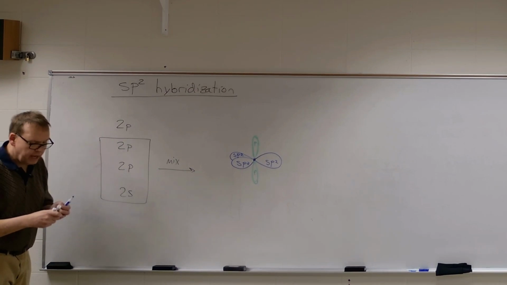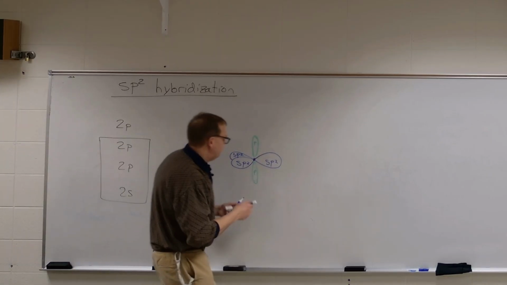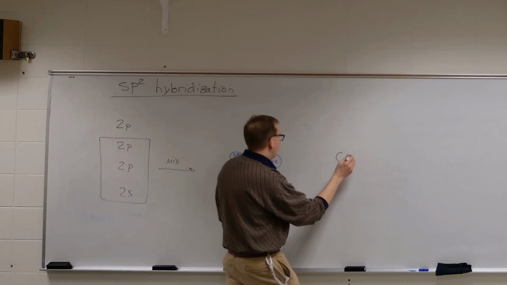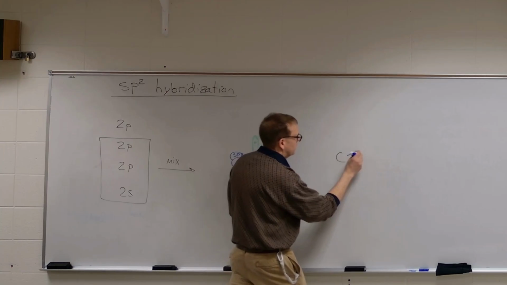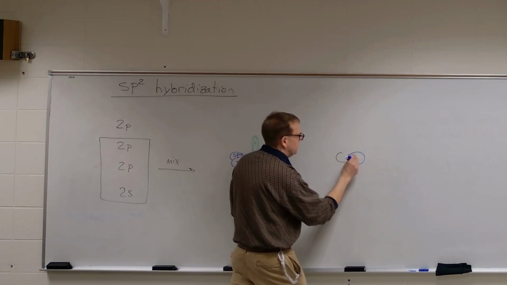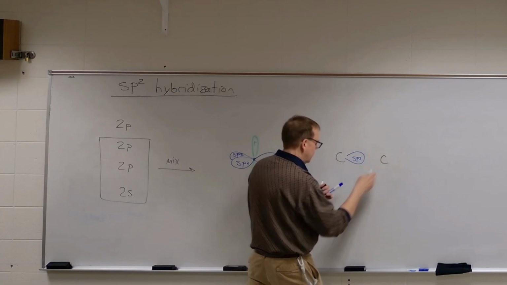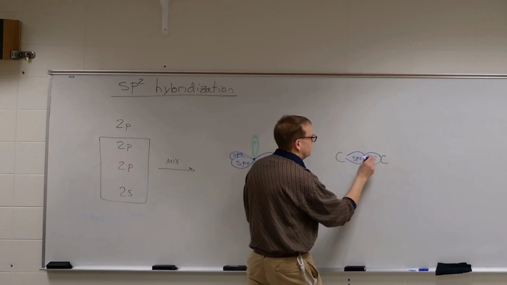And when you have a molecule that's making bonds like this, I'm going to show a carbon bond, sp2, and then next to it I'm going to draw another carbon, and I'm going to show its sp2 orbital happening here.